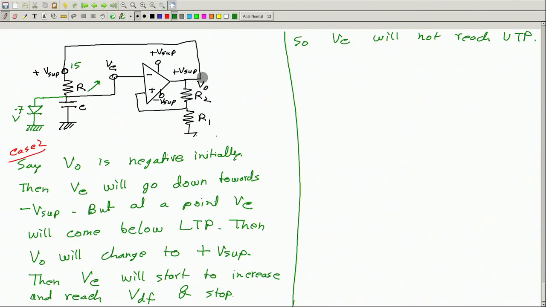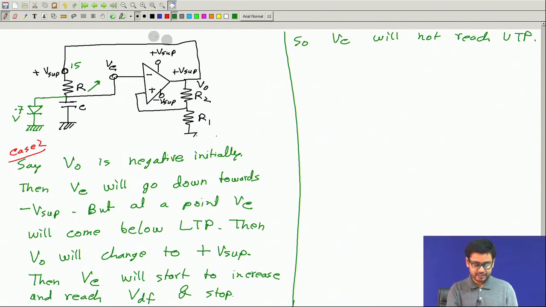So, what have we seen? Let me summarize. Case 2, if the output is negative, then this will make this voltage more and more negative, and then the lower trigger point will be reached. So, the output will become positive. We started from negative output, but we went to positive output. But once this is positive, this will try to increase the capacitor voltage, but will not be able to increase it beyond 0.7 volt.